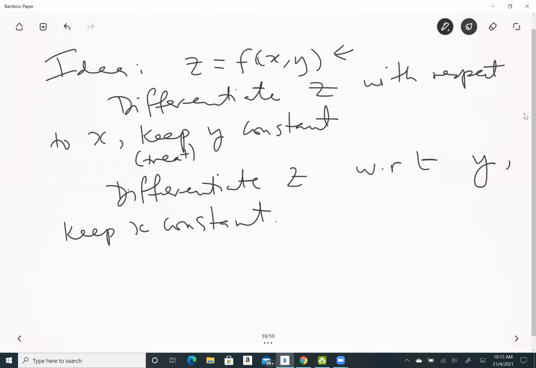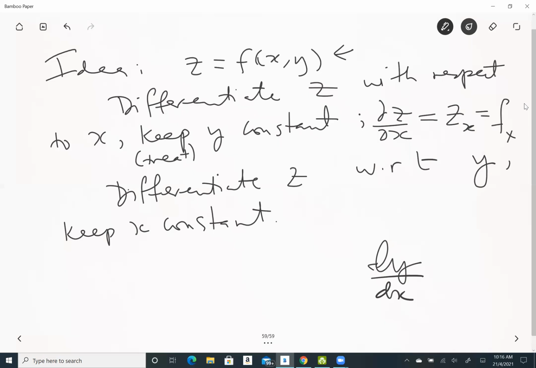Now, notation. The notation will be dz dx. Here the d is delta, the slanting d. Normally we write dy dx, the normal d, but here you have the slanting d. So dz dx, or we can write z subscript x, or f subscript x.